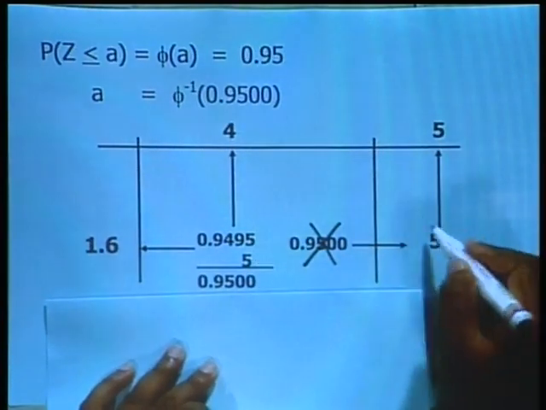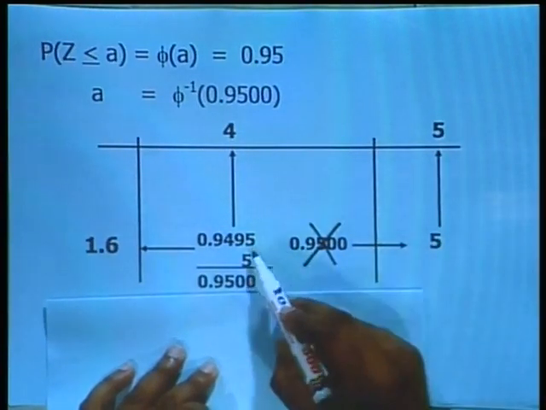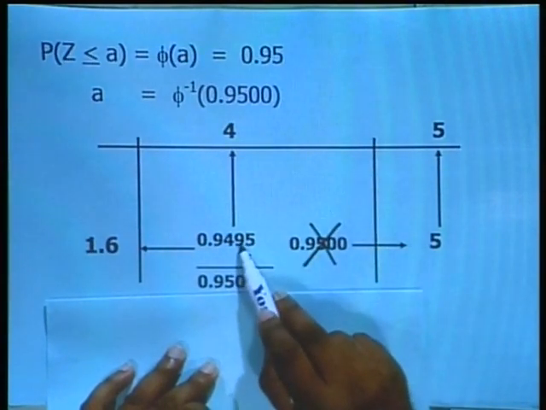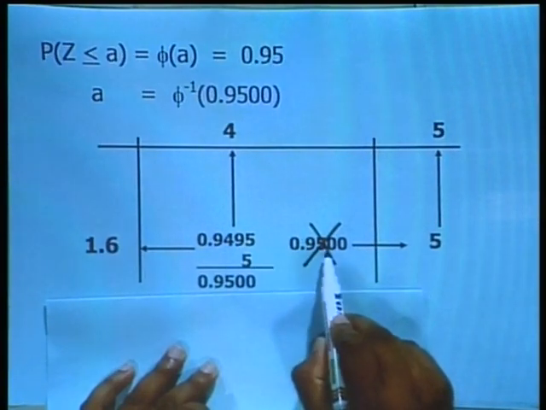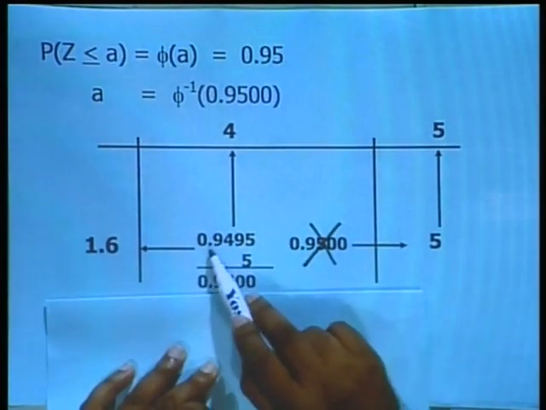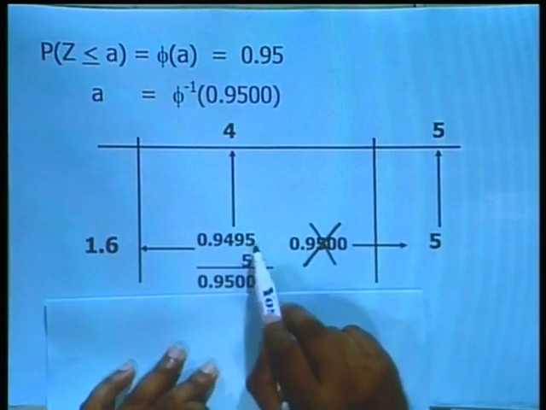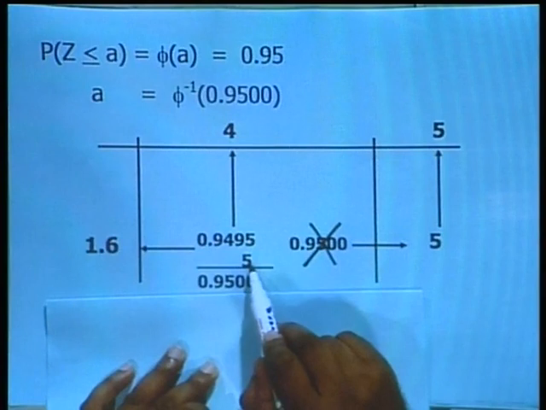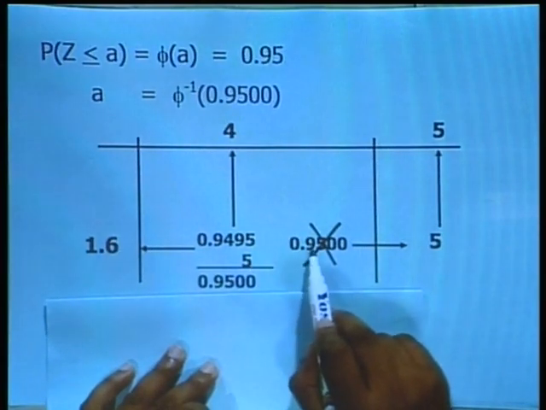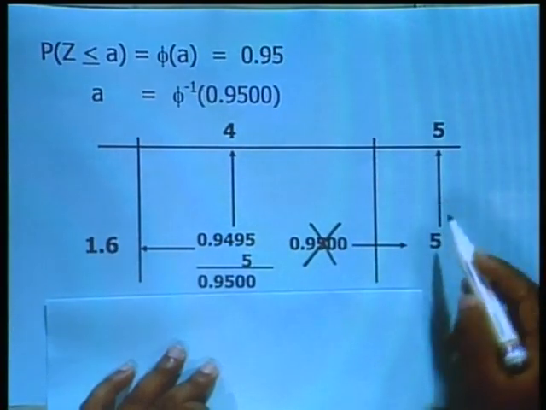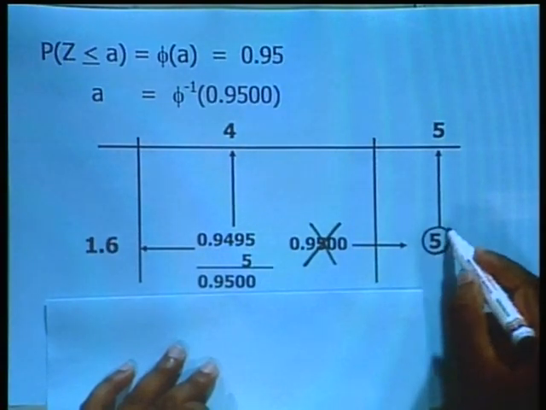Then, in this region, we find the value that we need to add to this smaller but closest value in order to obtain the value that we wanted. So we have 0.9495. We need to add 5 in order to obtain 0.9500. So we have located that 5.